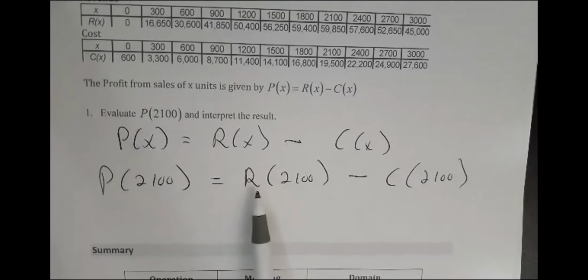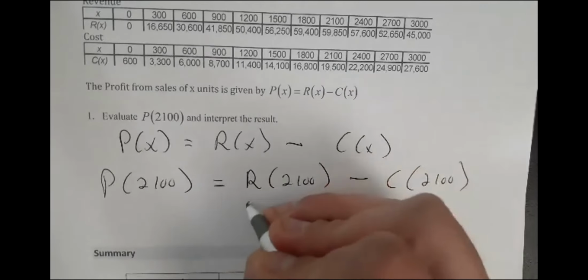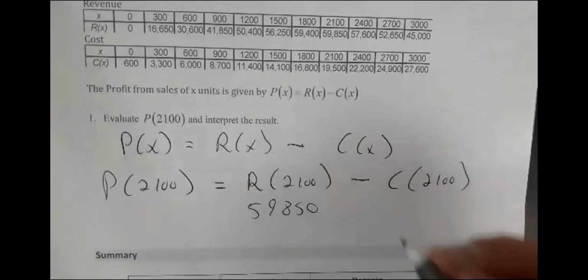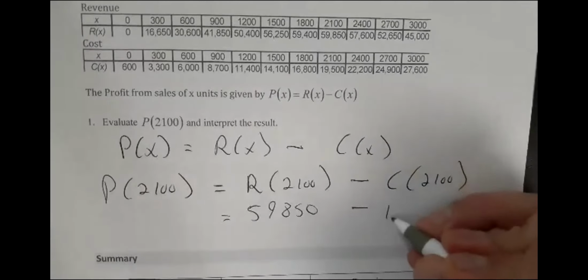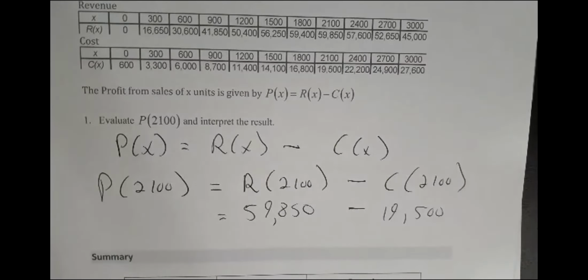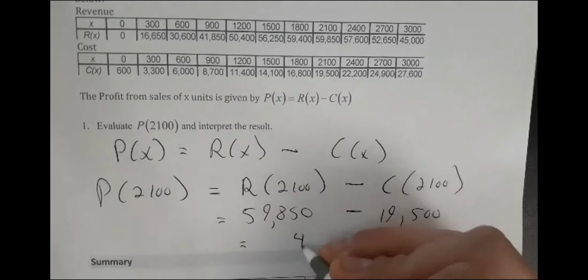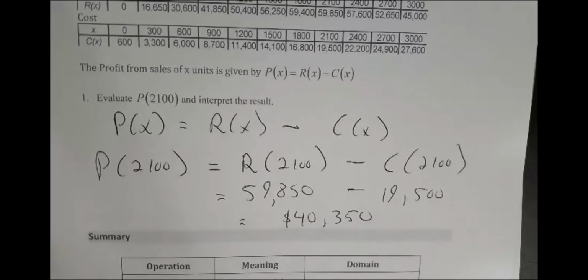I plug it into the R function and figure out that it gives me 59,850. I plug it into my C function and figure out that it gives me 19,500. If I look at these, I do 59,850 minus 19,500. That's going to give me 40,350. So we found P of 2100.